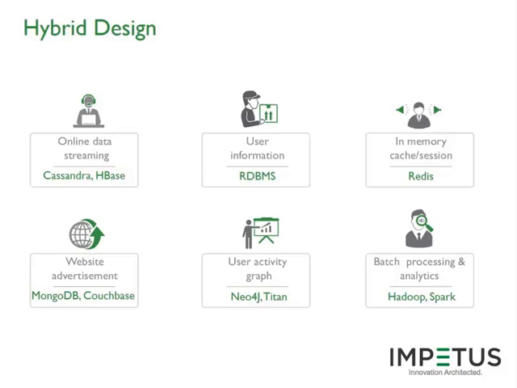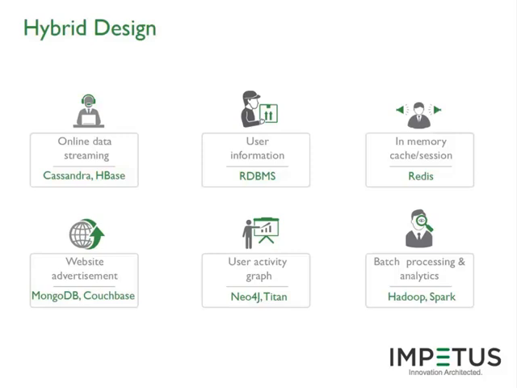Let's explore this with the help of an example of an online shopping portal, where users' login credentials need to be stored in an RDBMS. Online streaming of user behavior statistics goes into Cassandra or HBase.